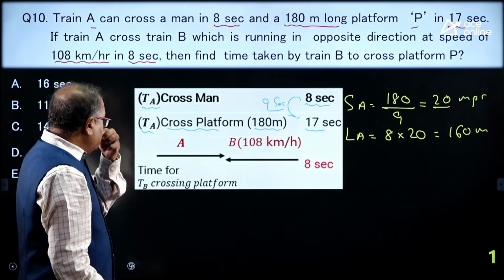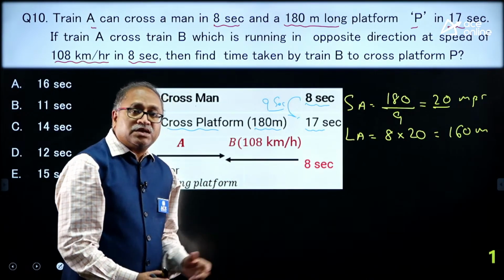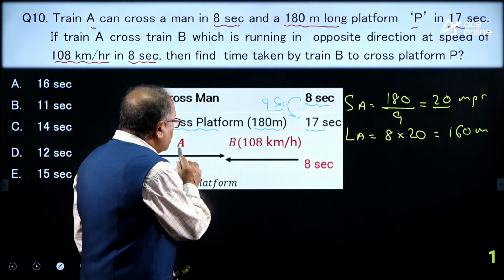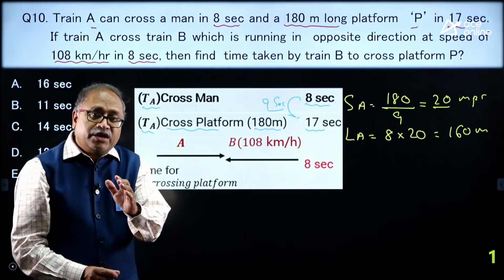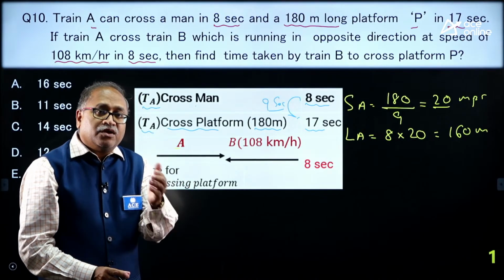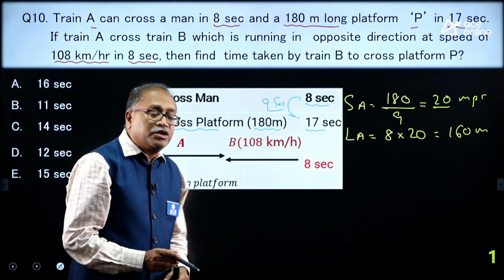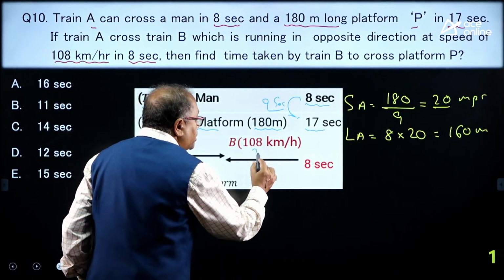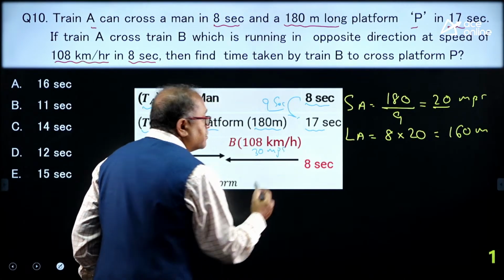Okay. The next part says, while they are crossing each other, it is taking 8 seconds. So, the total length, that is length of A plus length of B, is equal to relative speed into time. What is the relative speed? I know the speed of B, 108 kilometer per hour, and this 108 kilometer per hour is nothing but 30 meter per second.